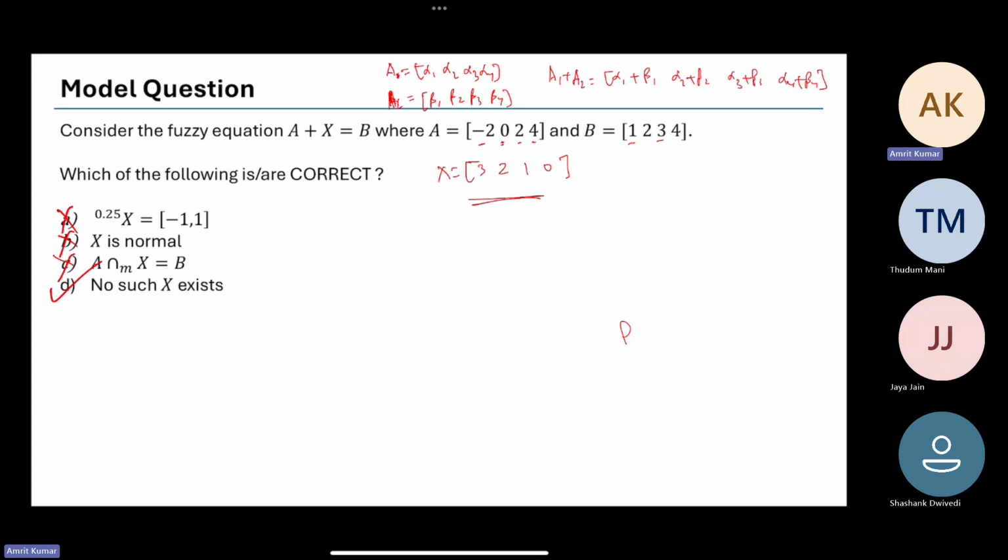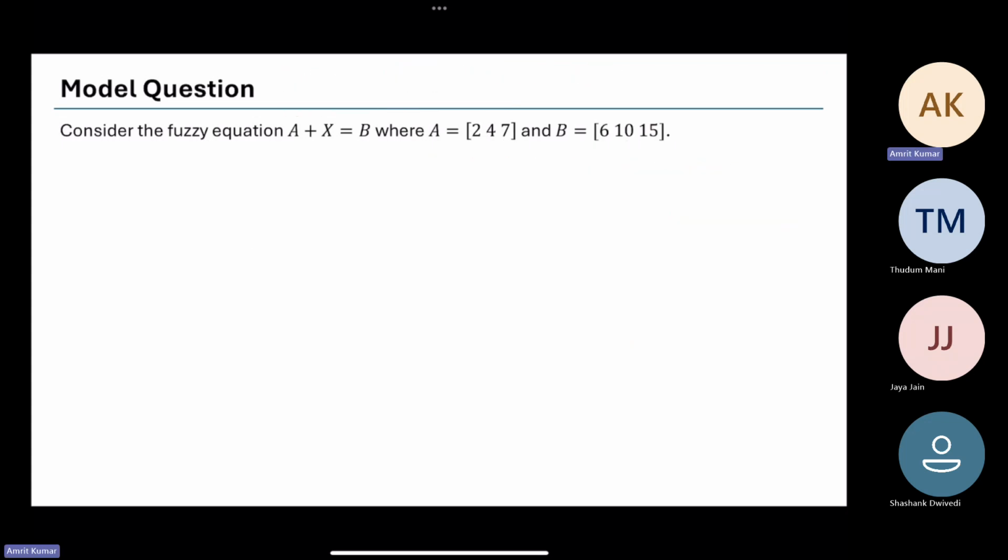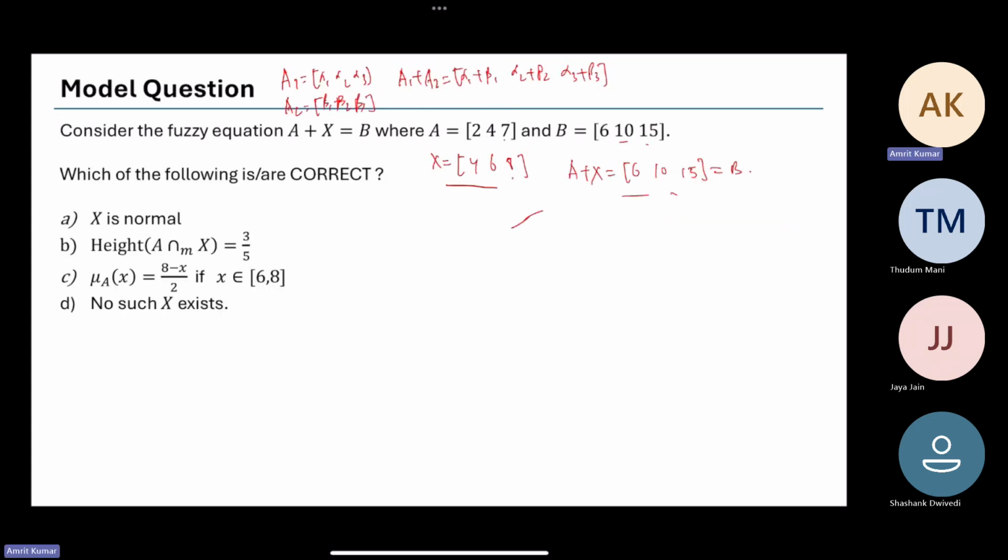No, right? Because a trapezoidal number must satisfy these conditions. So the leftmost parameter needs to be less than or equal to the second leftmost parameter and so on. In this case, we have 3, 1, 0. So this approach that we employed to solve this second problem, which essentially helped us bypass all the arithmetic, we simply, intelligently guessed a fuzzy number x such that a plus x equals beta.